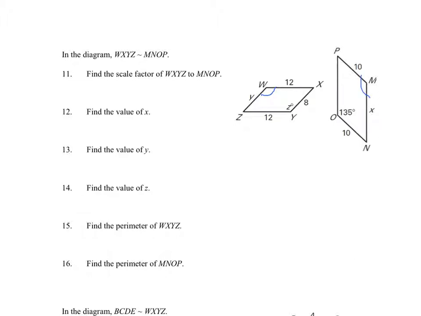W and M. X and N. Y and O. And Z and P. And then you might be able to see how one of these shapes is just kind of the rotated version of the other one, if you can see where these match up.